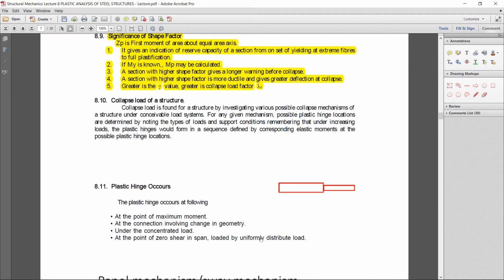In beams where UDL is present, at the location where there is zero shear, the plastic hinge will occur. Means at that point yielding will occur.